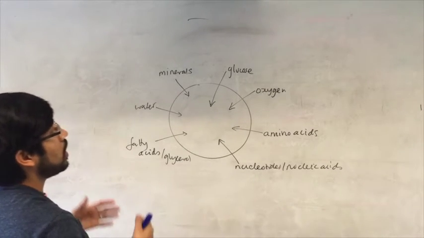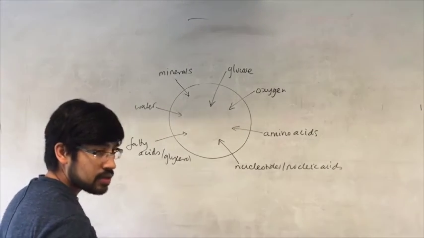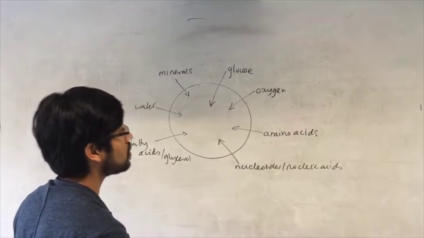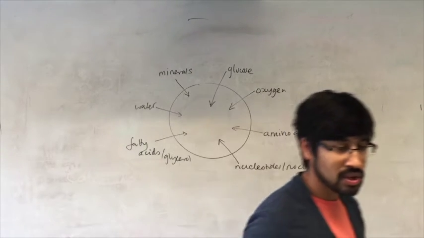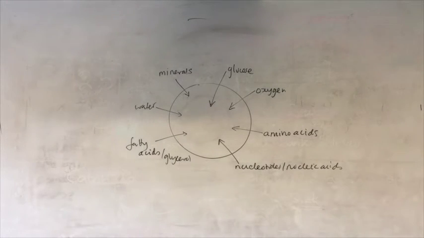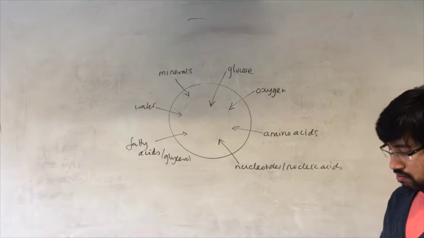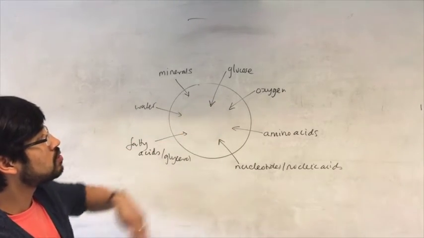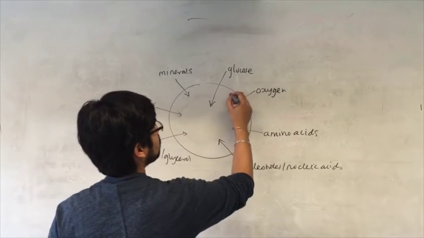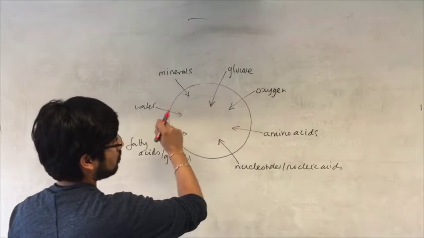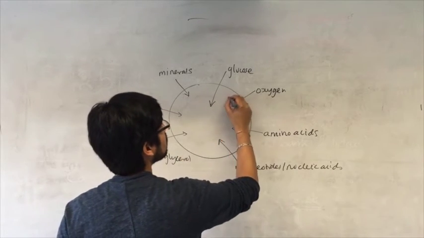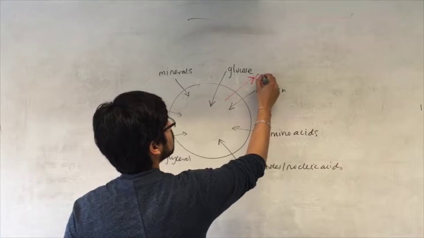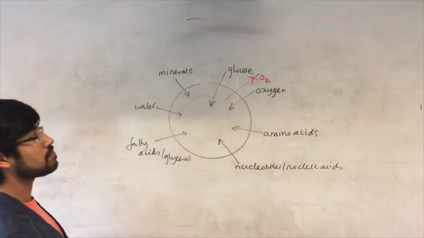Okay, but on the other side, we also need to get rid of things. Not get rid, that's very unscientific. Things need to be removed from the cell, or need to exit, right? So here, let's just look at glucose and oxygen. As a result of the cellular respiration, we're going to be producing carbon dioxide.